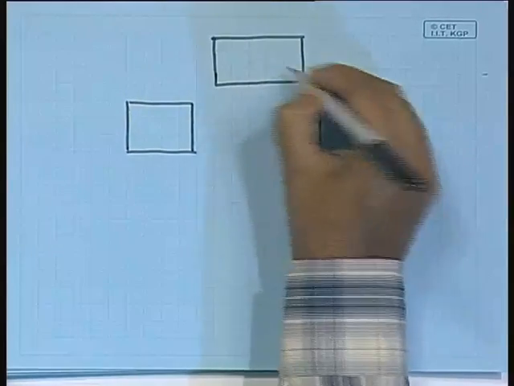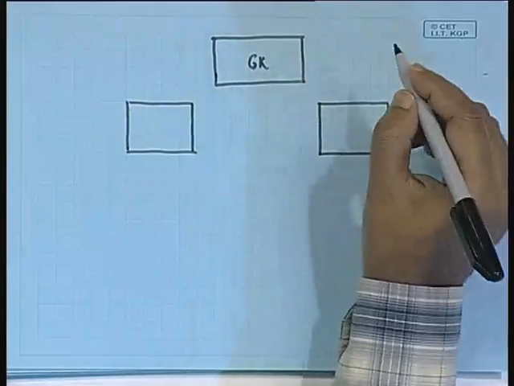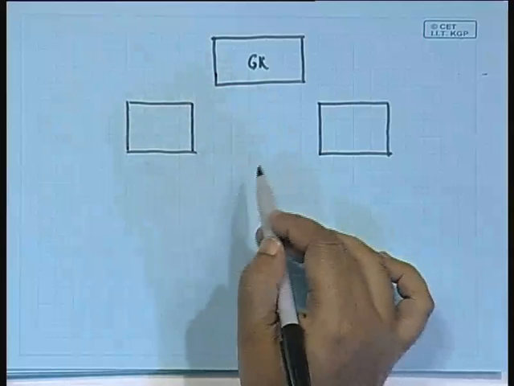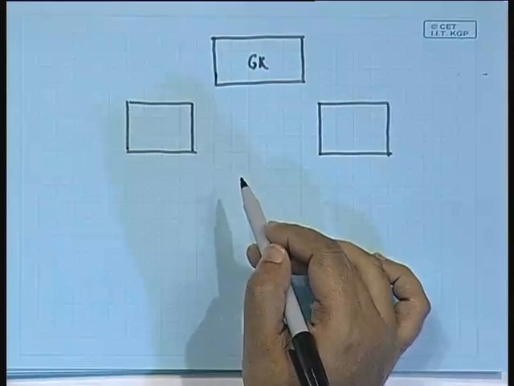We have a gatekeeper. Now the terminal equipment, in this case, if it is between two LANs, one can have gateways instead of the terminal equipments.